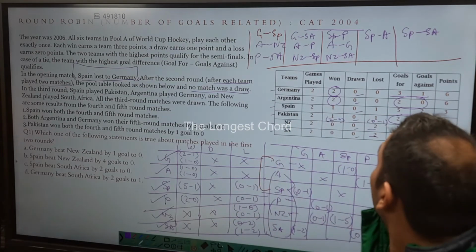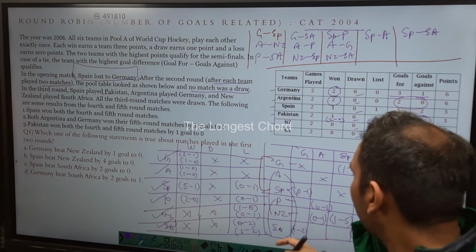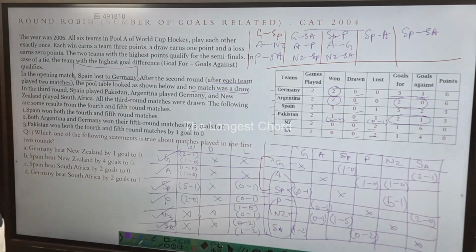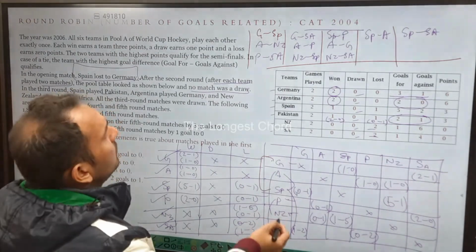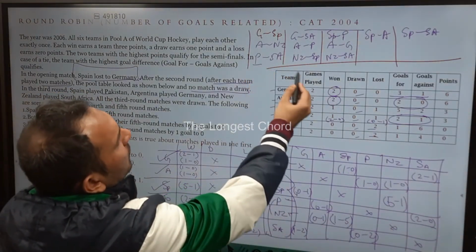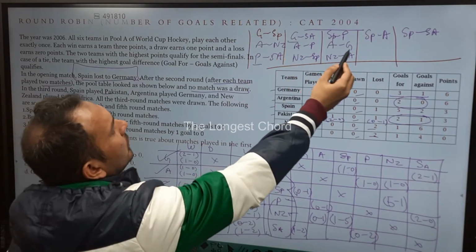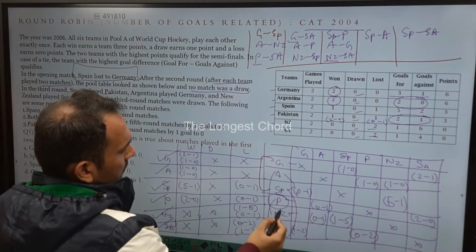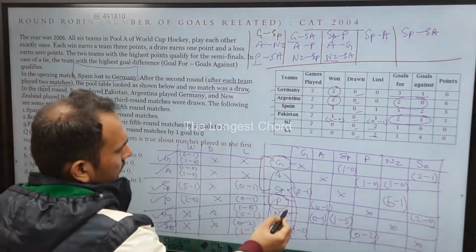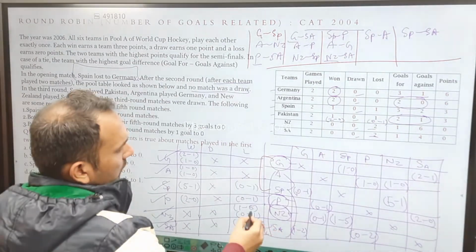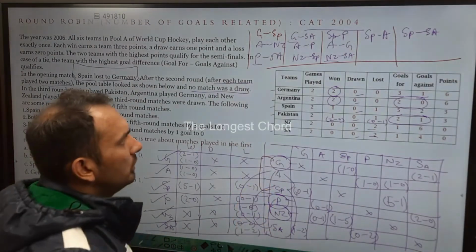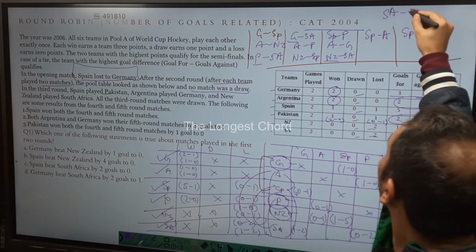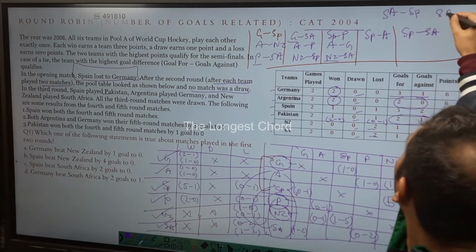Also, if we talk about some other team, let's say we talk about South Africa has already played against Pakistan and Germany and New Zealand. So South Africa has to play against Spain and South Africa has to play against Argentina.